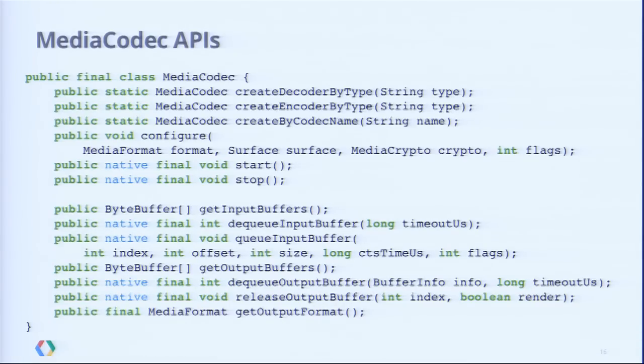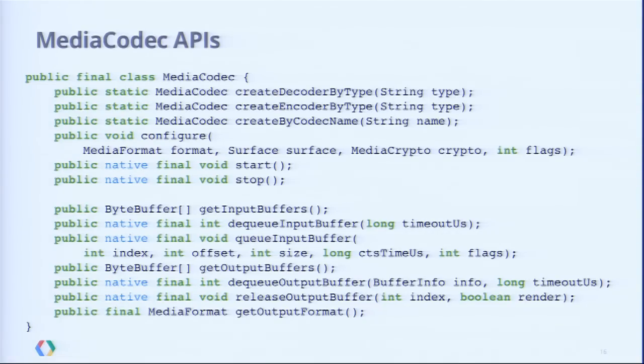If dequeueOutputBuffer returns a non-negative value, meaning a valid buffer index, then you can use that for the subsequent call, releaseOutputBuffer. Before you call releaseOutputBuffer, you may also do some image processing, using the valid index to find the correct byte buffer that holds the data.